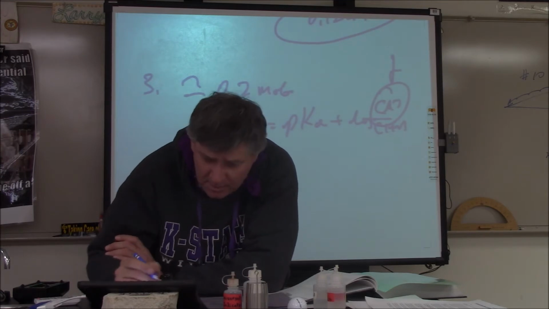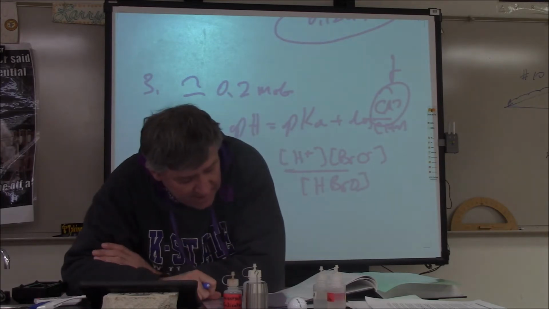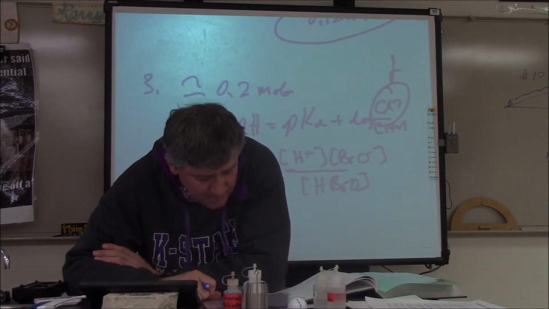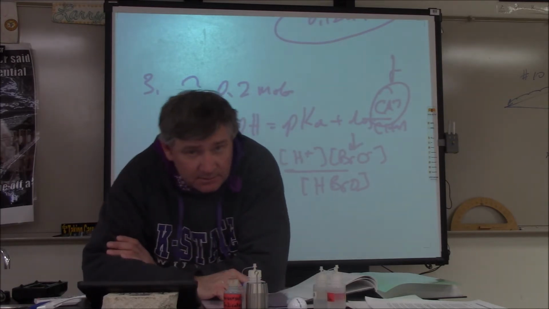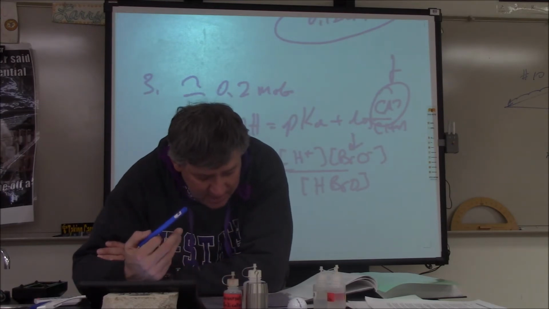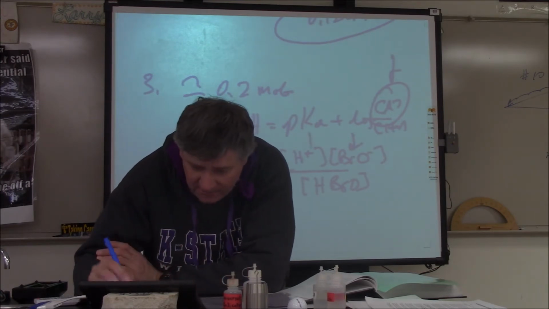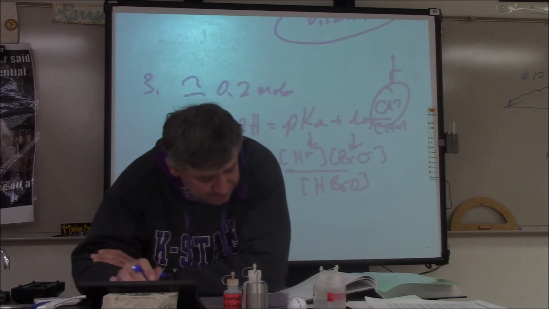You could also, if you really wanted to, go Ka equals H times BrO divided by the concentration of HBrO, and go from there and solve for the concentration of your BrO that way, because you know the Ka, you know the pH, so you can find the concentration of your hydronium ions by taking the negative log of that.